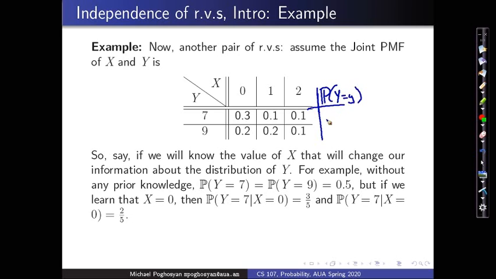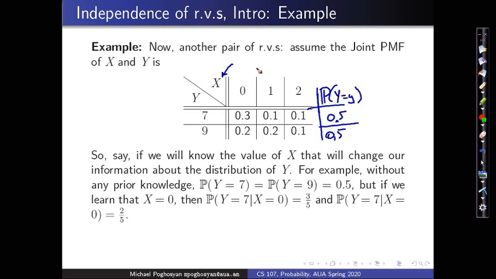So the marginal distribution of y is this sum 0.5, this sum 0.5. So without any knowledge about x, y can take values 7 or 9 with probability 0.5, 0.5. This is given through this PMF. So these probabilities are 0.5.